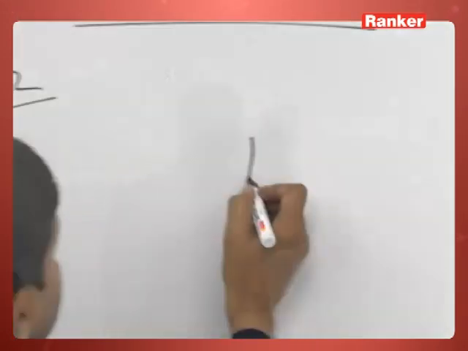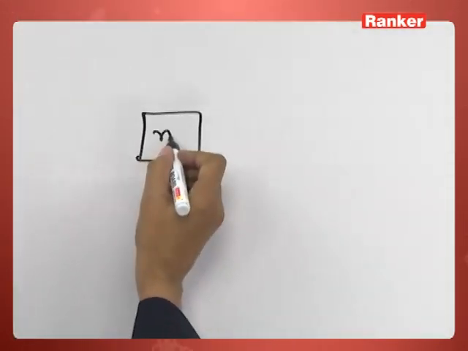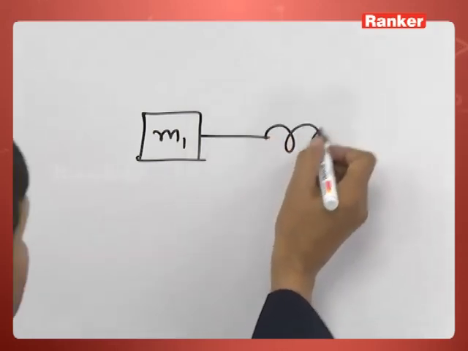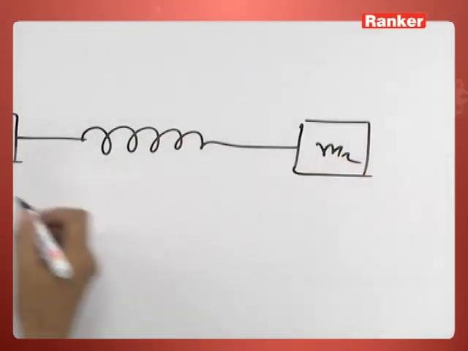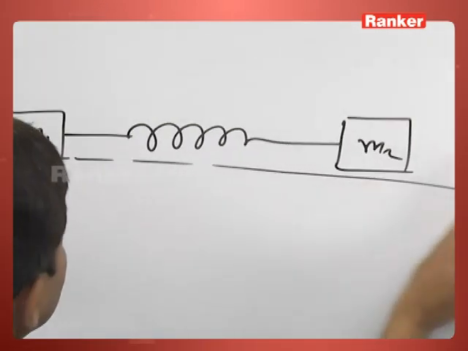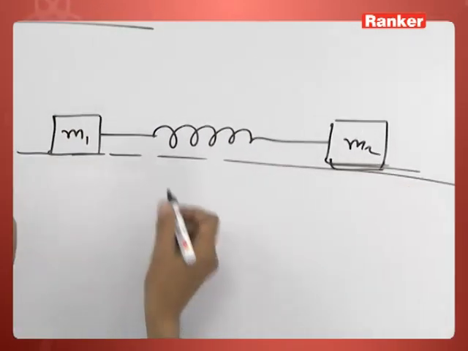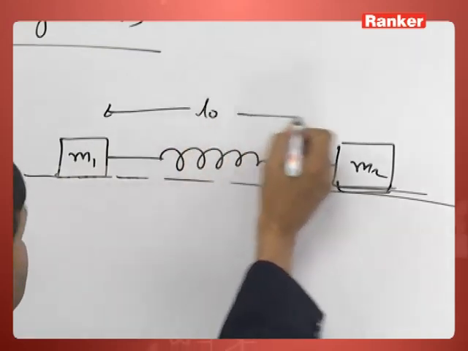It is given these are the two blocks. Initially the spring is at its natural length L0.